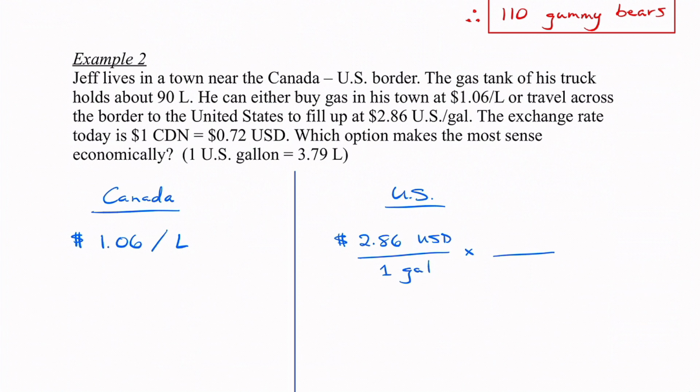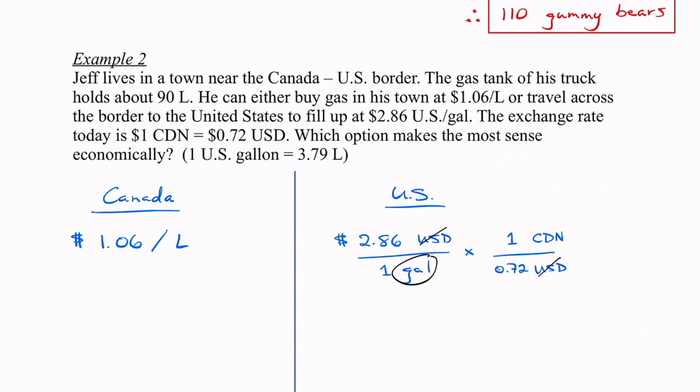First, let's try to get rid of our US dollars. If US is in the top, I'm going to put US down here in the bottom, and then I'll have Canadian dollars up here in the top. I knew that 1 Canadian dollar was 72 cents US, so I'm going to put 1 Canadian goes with 72 cents US.